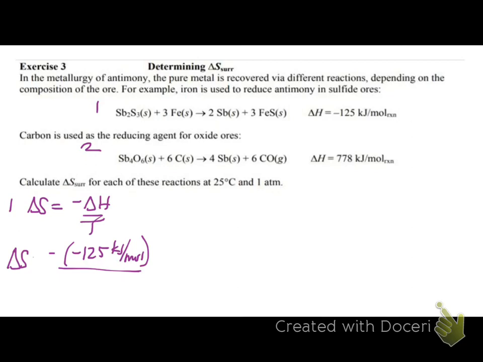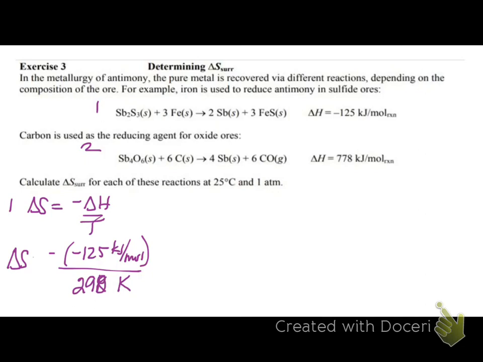So that's 298 K. How do we know we need to be in Kelvin and not Celsius? Because if you look at your units, it has Kelvin in there for an entropy unit. So we will be using Kelvin, not Celsius.